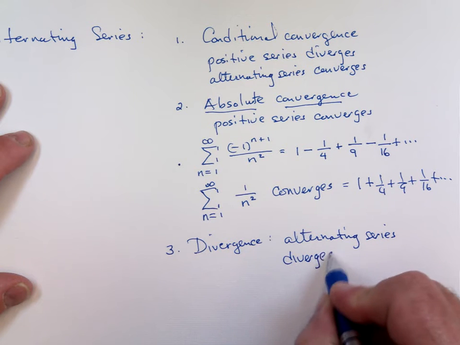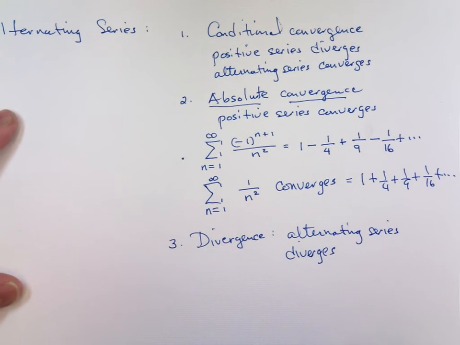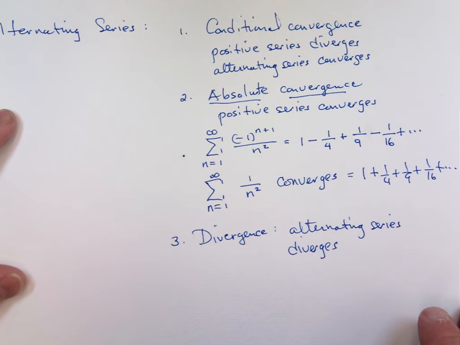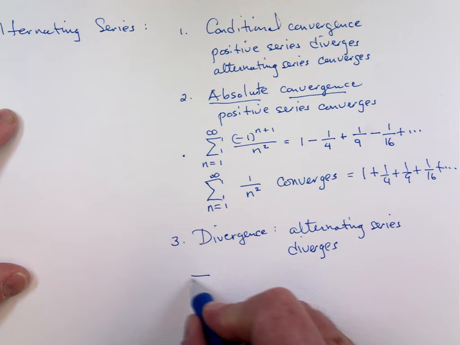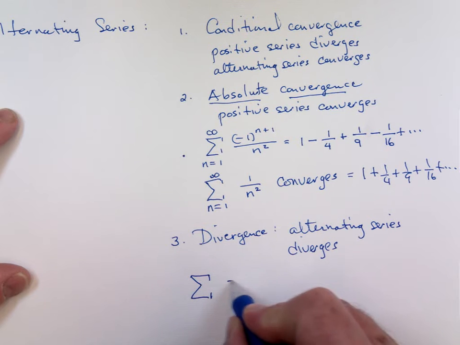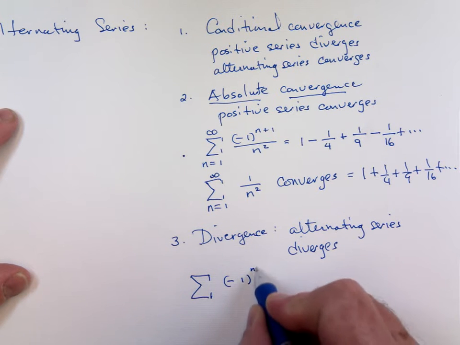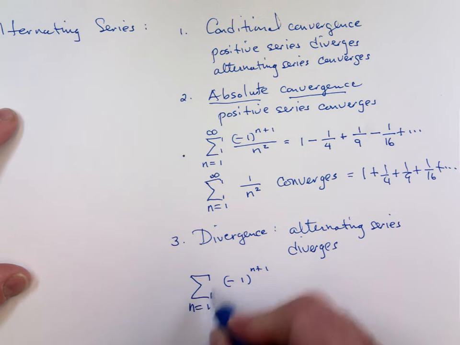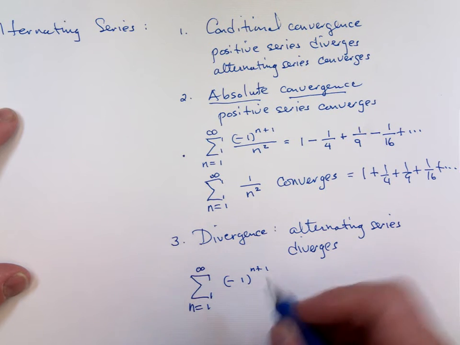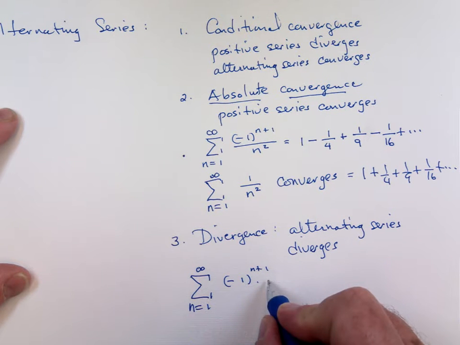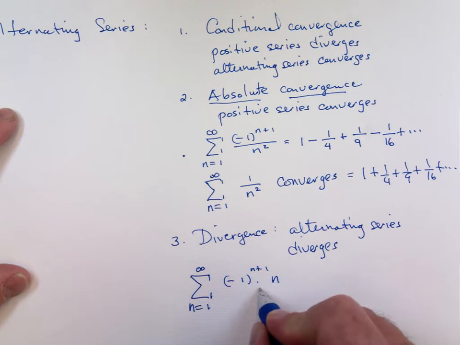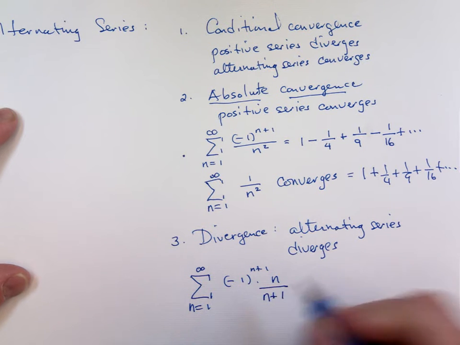For example, what kind of an alternating series would diverge? Well, let's take a look at this one.